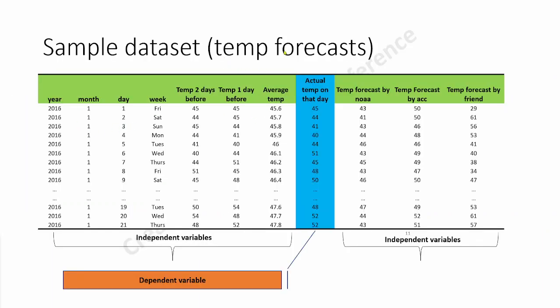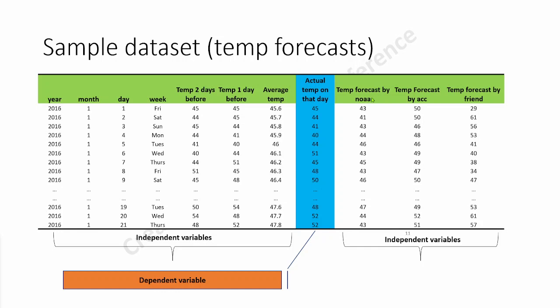For example, this is a temperatures data set, and you have independent columns like month, day, week, temperature 2 days before, temperature 1 day before, and average temperature for the last 1 month or 7 days or whatever.